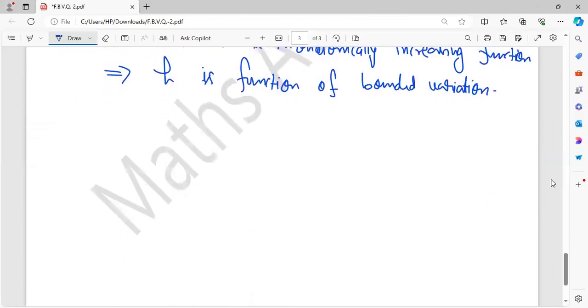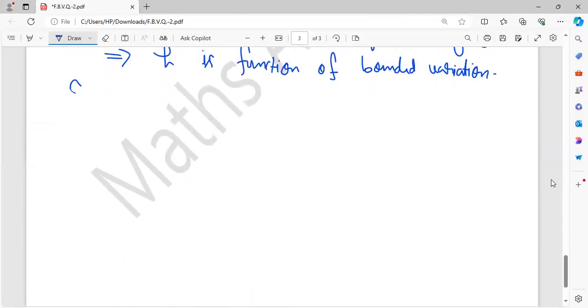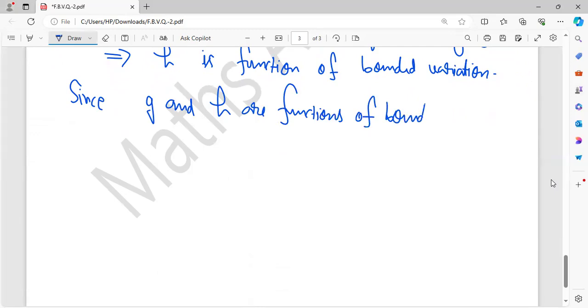Since g and h are functions of bounded variation on [0, 1], the difference of two functions of bounded variation is a function of bounded variation.